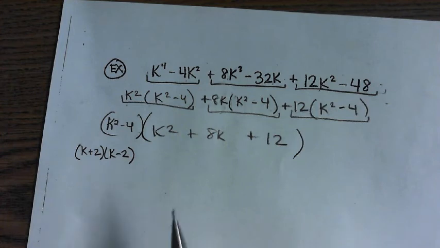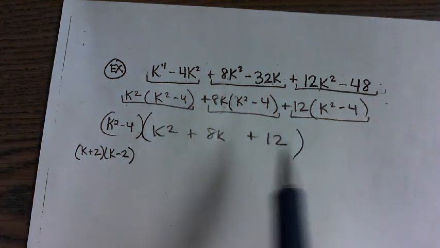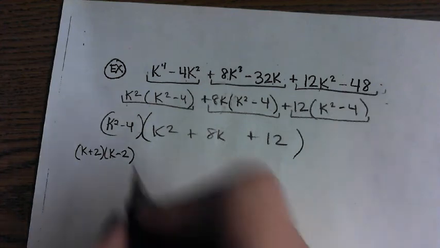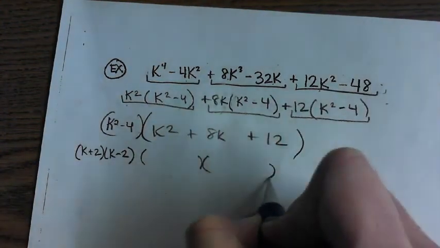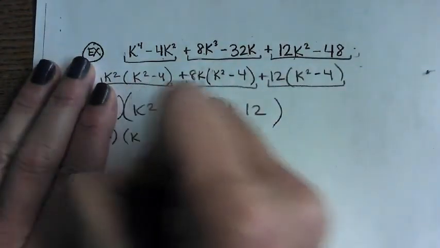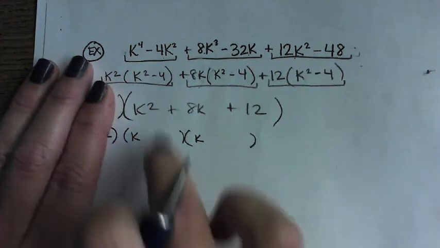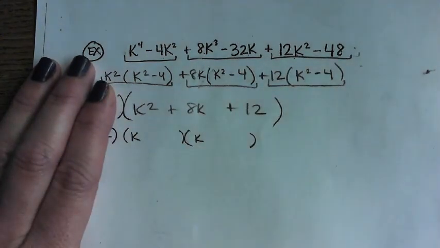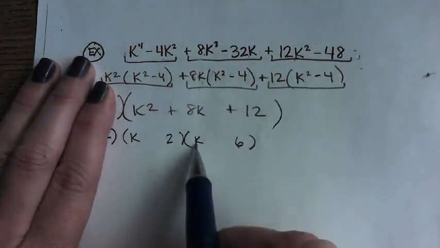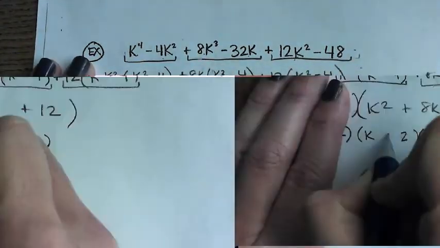Can you come up with 2 numbers that multiply to get 12 and add to get 8? 6 and 2. So if those 2 numbers can be found, we can do this. To get k squared, it has to be k and k. To get 12, it's 1 and 12, 2 and 6, or 3 and 4. And 2 and 6 are the ones, because 6k and 2k will make 8k, and they're both pluses.